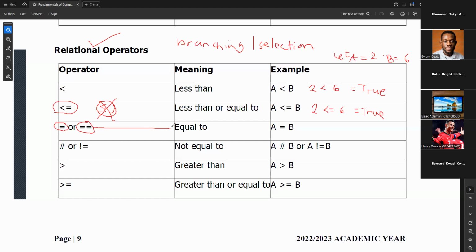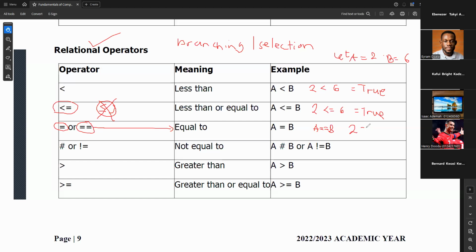In this context, this double equal to is not assignment. This time you are trying to tell whether two variables are the same. So you can equally say A double equal to B, and preferably I would want us to do it that way rather than the single equal to.